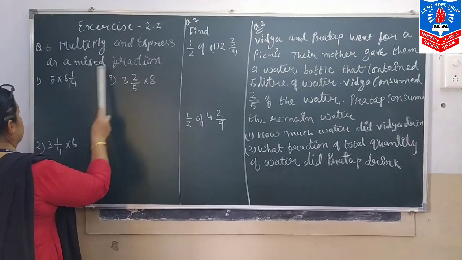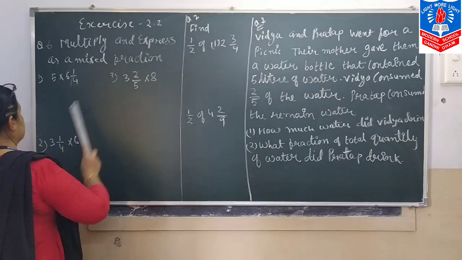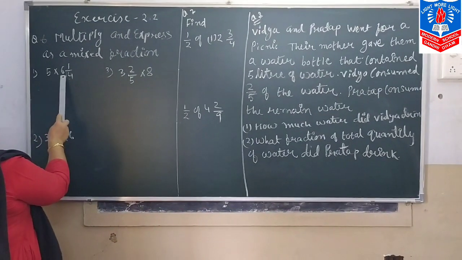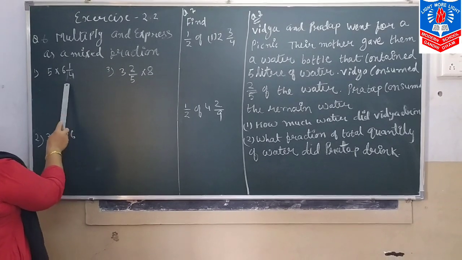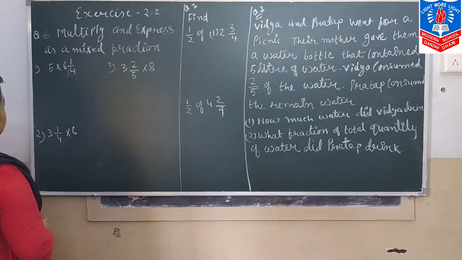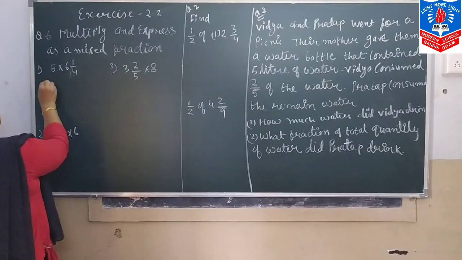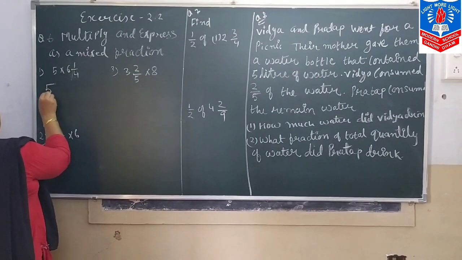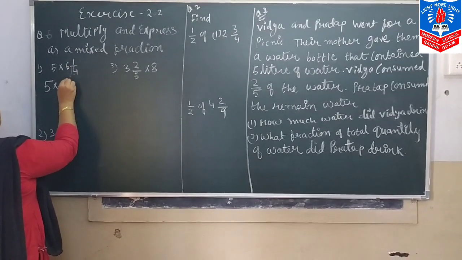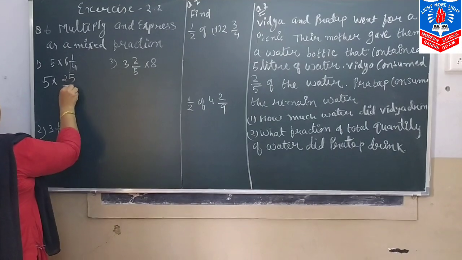Multiply and express as a mixed fraction. Question number 6. First one, 5 into 6 integer 1 by 4. Here mixed fractions are given, so first we convert into a simple fraction. 6 fours are 24 plus 1, 25 by 4.